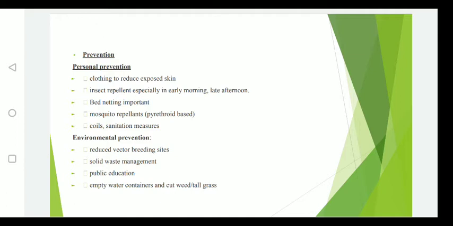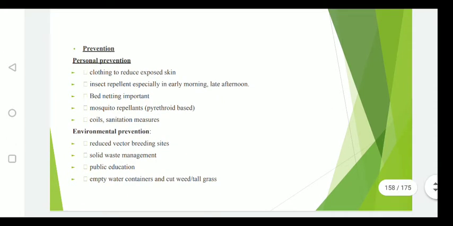Then mosquito repellents should be pyrethroid based only, so that they are not harmful to children. Then mosquito coils we can use, and sanitation measures as a personal measure. Clean the environment also.